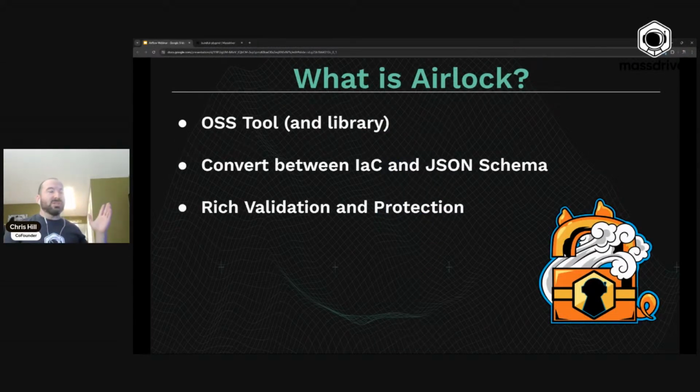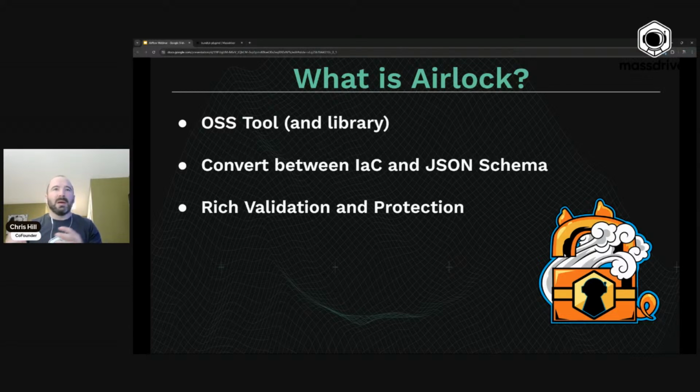So what is Airlock? Airlock is Massdriver's newest open source project. The main purpose of it is to allow translating back and forth between a lot of IAC languages, such as Terraform and OpenTofu, which have HCL, Helm, which uses YAML for its values, and some other ones that use JSON, like CloudFormation.